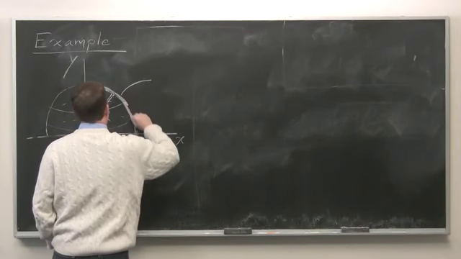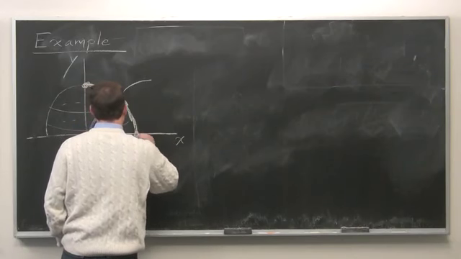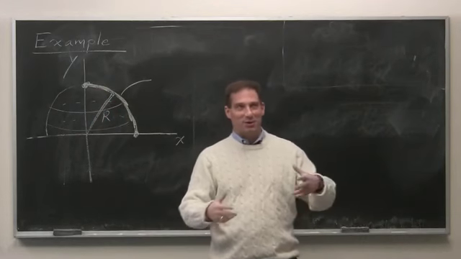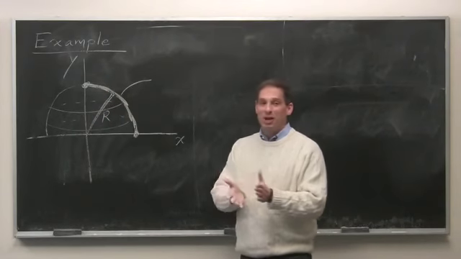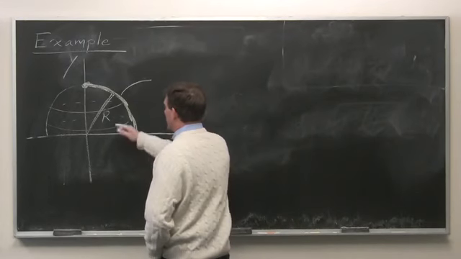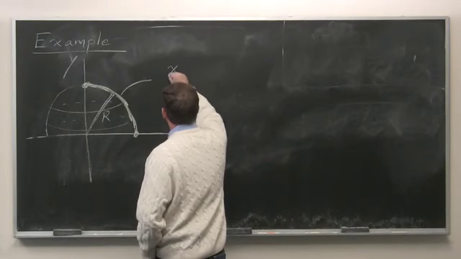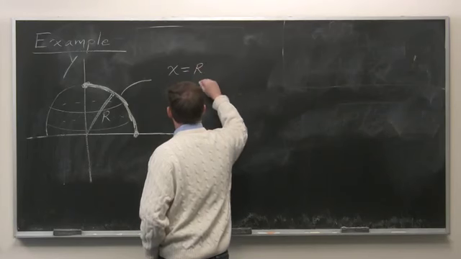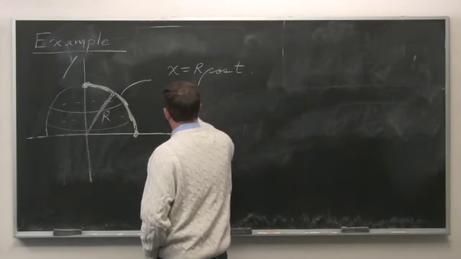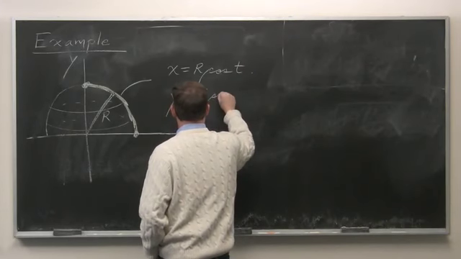I'm going to parameterize it. Hopefully you know the most common parameterization of a circle of radius r: the x-coordinate is r times the cosine of t, and the y-coordinate is r times the sine of t.